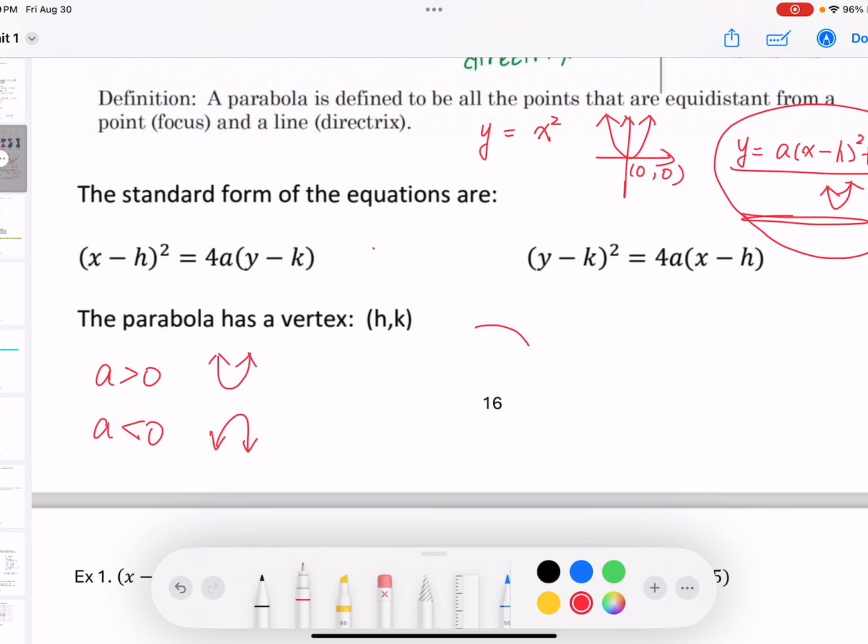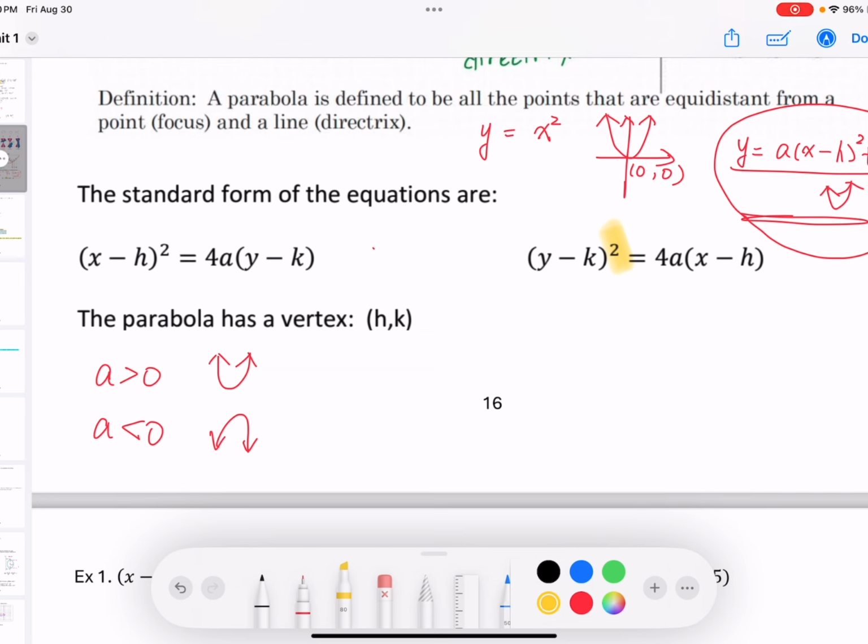Next one, let me ask you, is this the shape of a parabola? Yes, of course. This is also a parabola. Maybe it opens to the left, maybe it opens to the right. If it opens to the right or left, the y part is squared. You see here, we squared the y part.